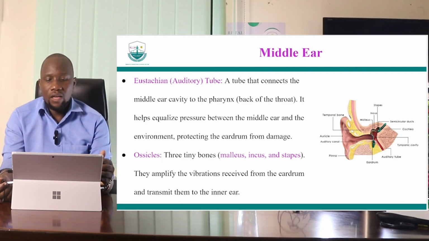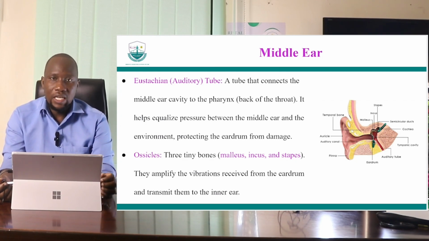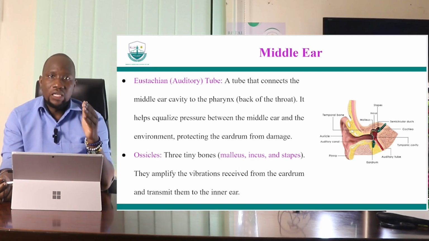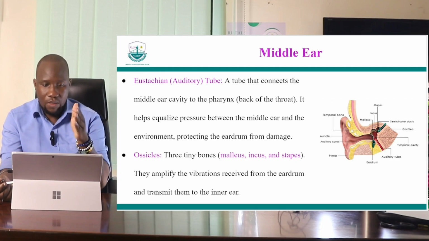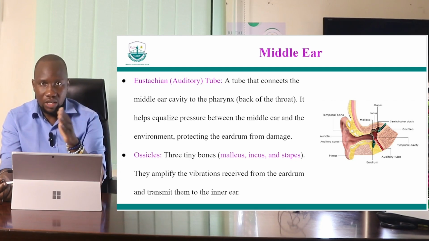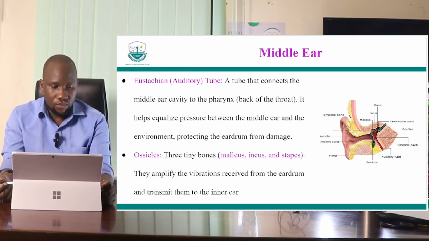So it in a way prevents damage to the eardrum, okay, because if you have a lot of air pressure, it can make the eardrum bulge, but because of this tube, it can equalize the pressure on either side of the eardrum. Equalize the pressure between the environment and the middle ear.